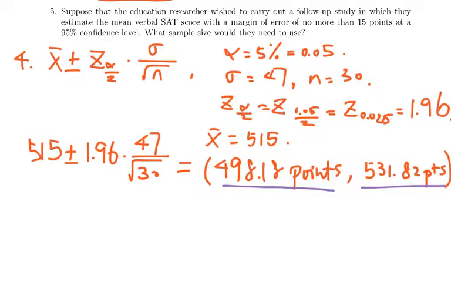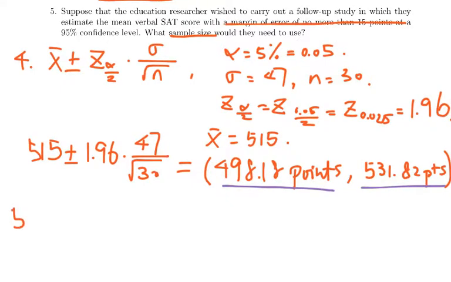Finally, we look at the fifth problem. Suppose that the education researcher wishes to carry out a follow-up study in which they estimate the mean verbal SAT score with a margin of error of no more than 15 at a 95% confidence level, and we want to determine what sample size they should use.